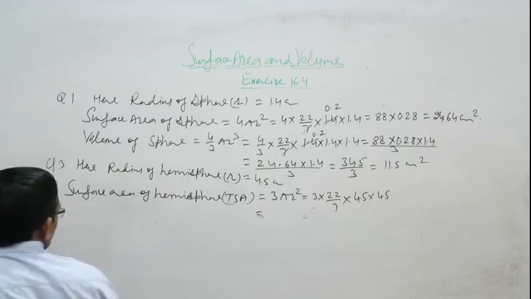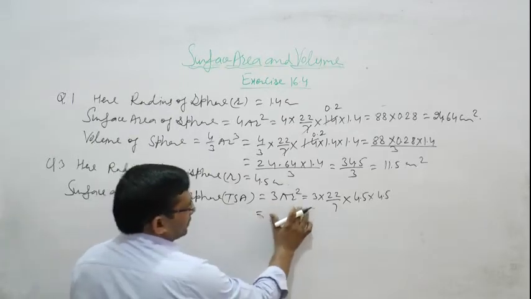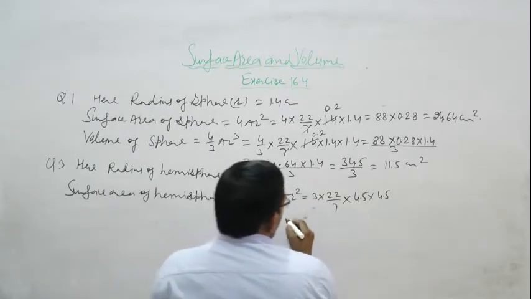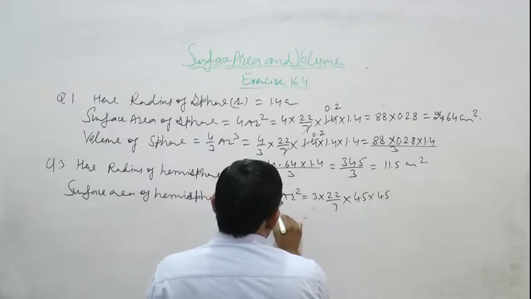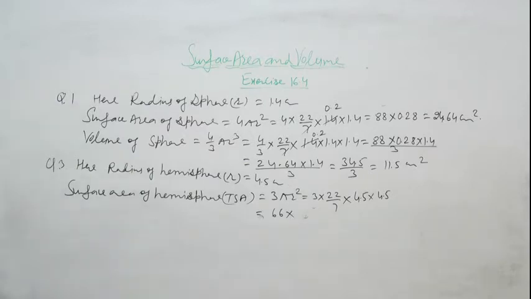Surface area is also known as total surface area, that is TSA, total surface area of the hemisphere. 3 pi r square, after putting in the values we get 22 into 3, 66, multiplied by the square of 4.5.